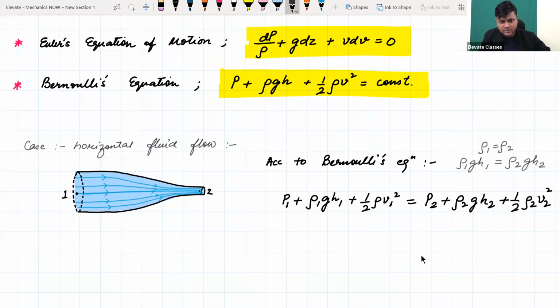The reason we do that is because if you look at one individual streamline, of course there is no change in height. But for every streamline that is above it, there is also a streamline that is below it.